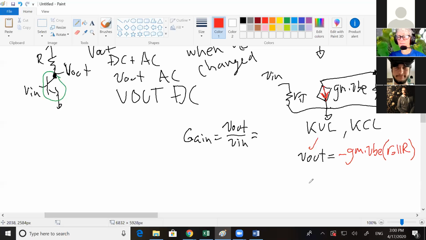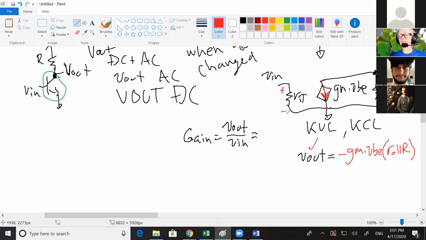KCL at the node near ground. Okay, KCL here. What would that look like? Vn over R pi is equal to, or, that's the current. You're in the exact right place.